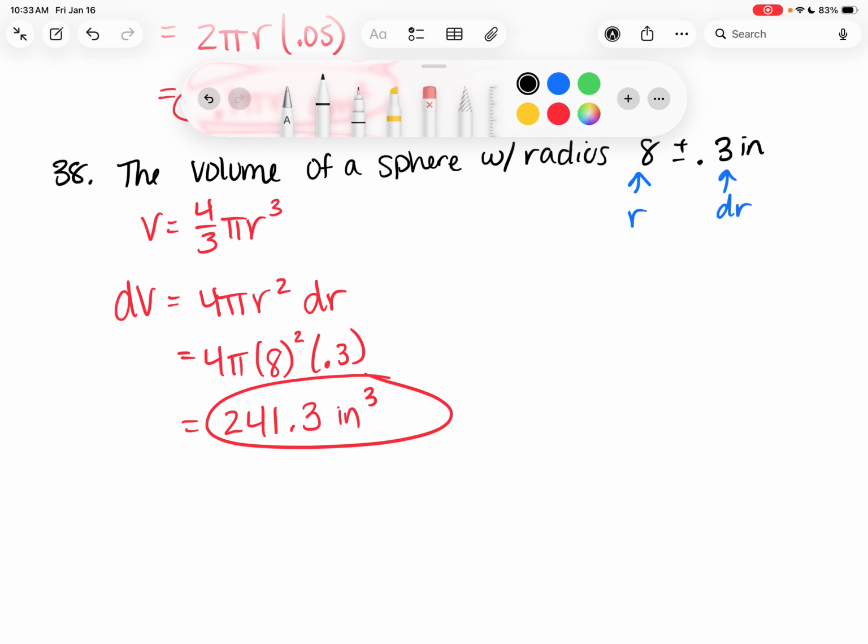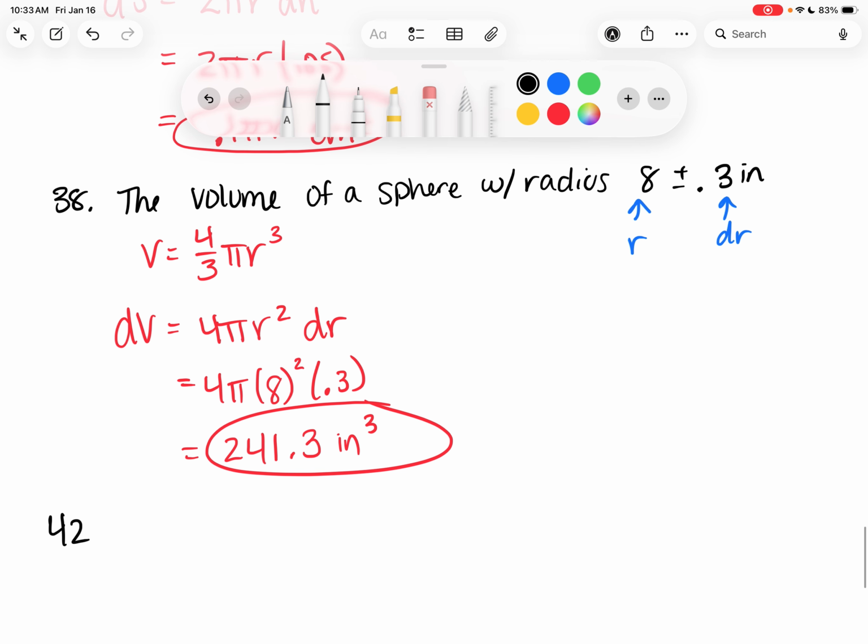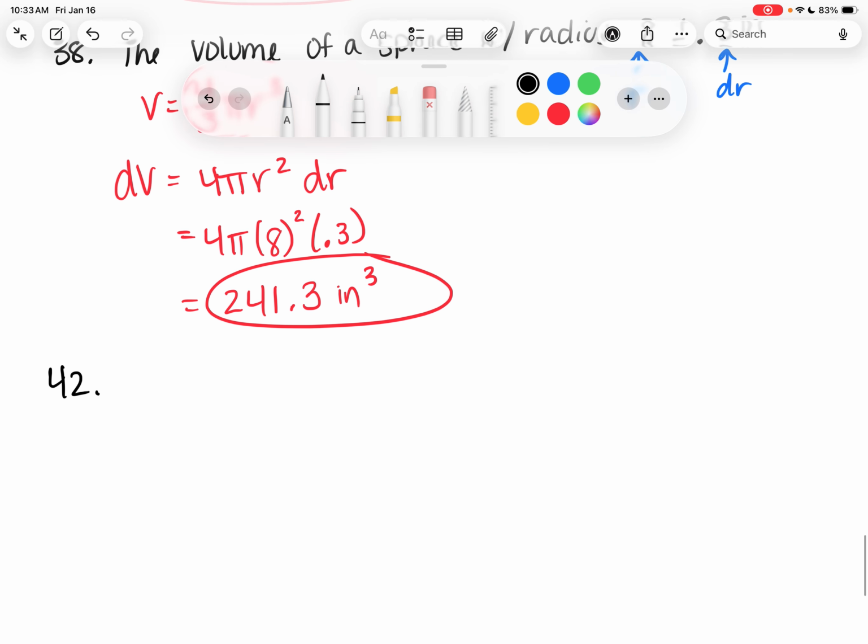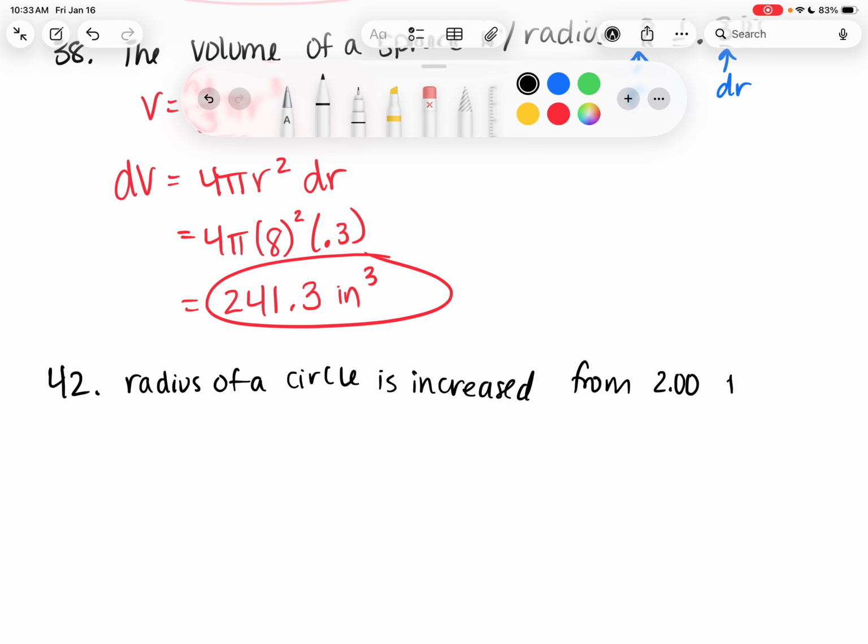So 42, it says the radius of a circle is increased from 2 to 2.02 meters. My brain was still on balloon, and I was like, that is a ginormous balloon.